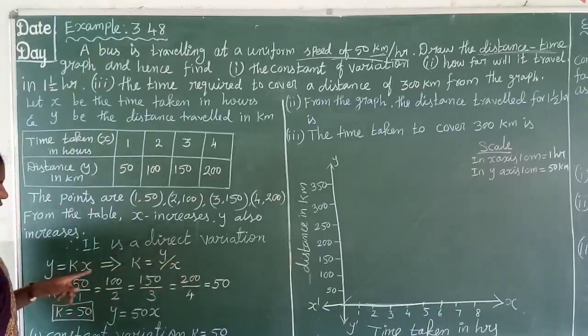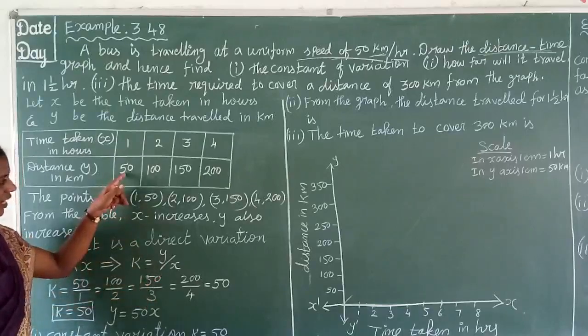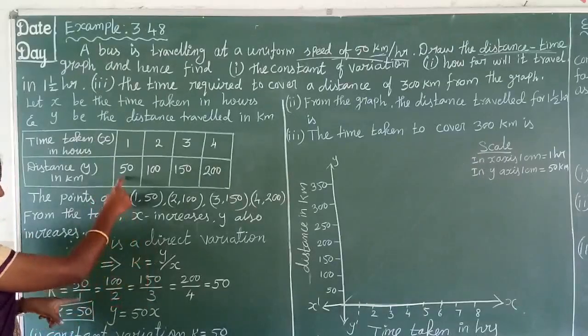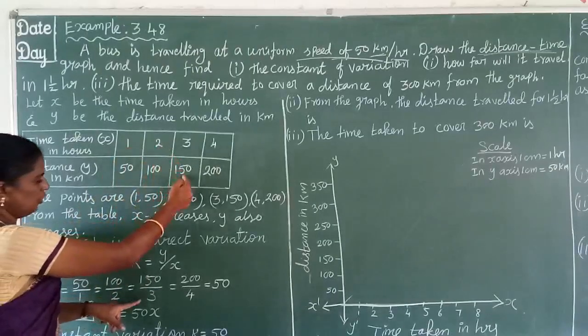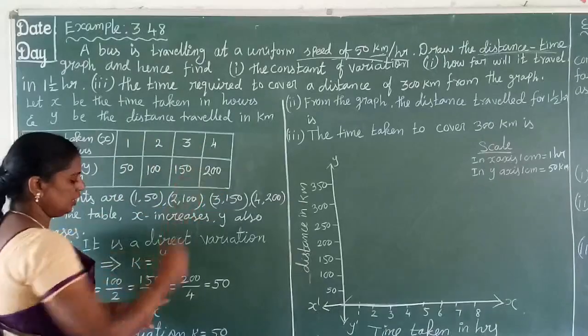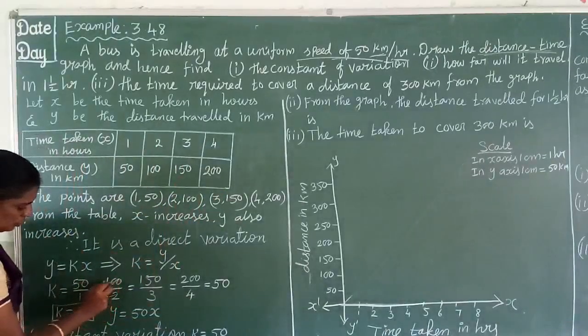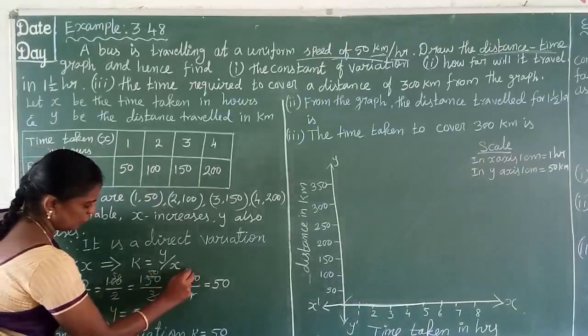Therefore y equals kx, which implies k equals y by x. Substitute the table values: k is equal to y value 50 by x value 1, and 100 by 2, 150 by 3, 200 by 4. So what is that? 50 again. 3 times 50 is 150, 4 times 50 is 200.